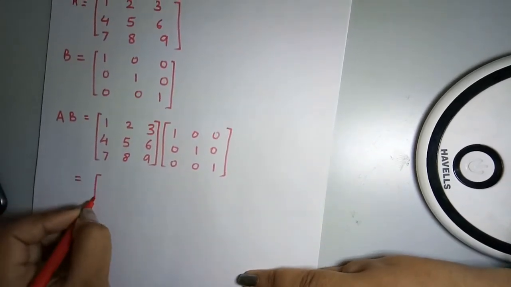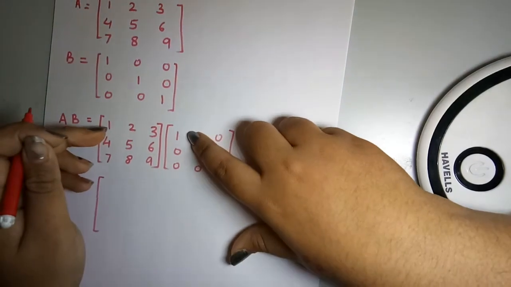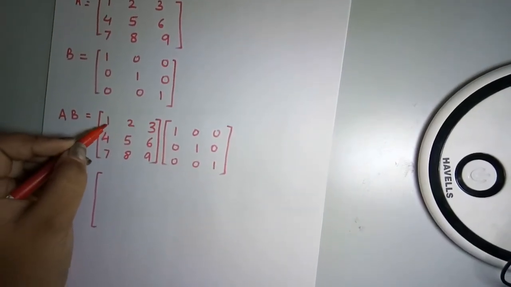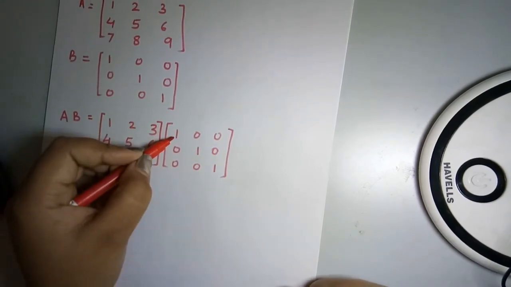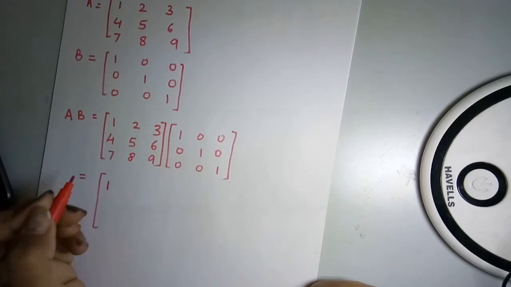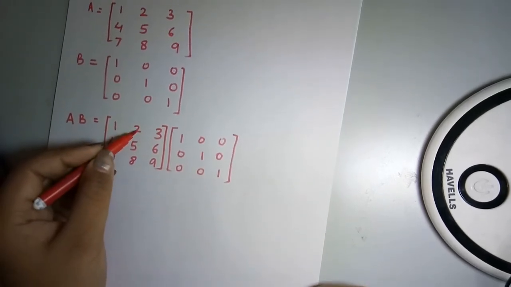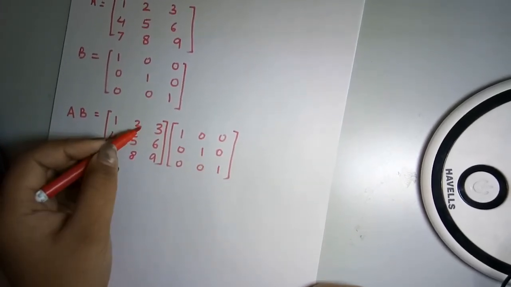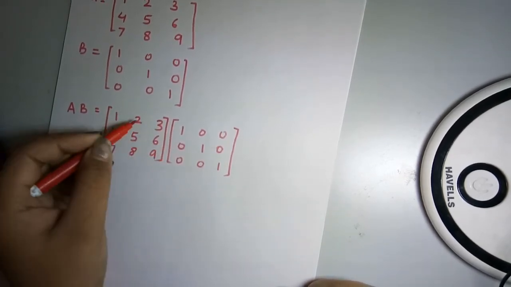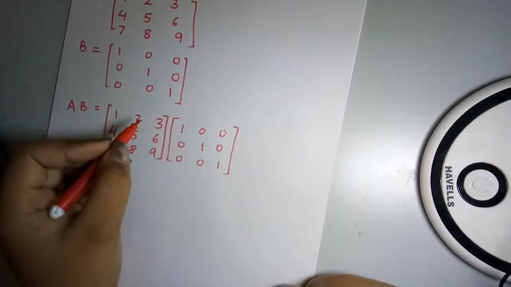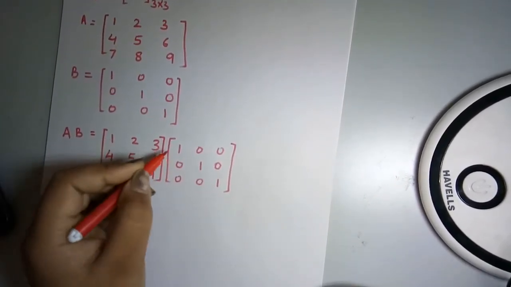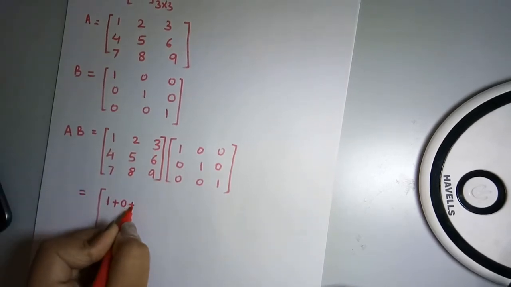Let us begin. Again, we will multiply the first element of the first row of the first matrix with the first element of the first column of the second matrix. 1 into 1, that is 1. Now, for the second entry of the first row of the first matrix and the second entry of the first column of the second matrix, we add these individual products.